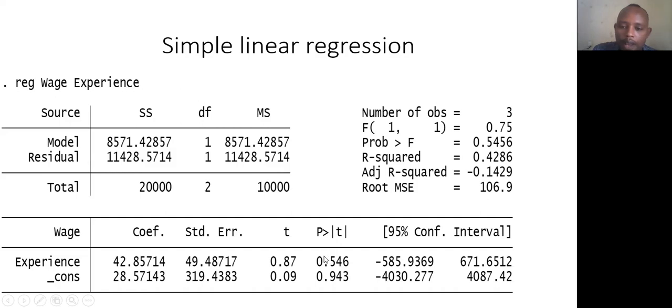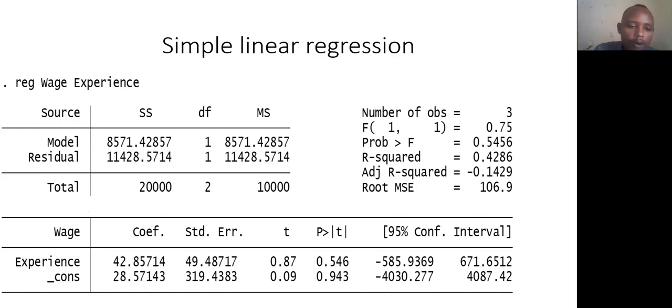Then when the p-value is greater than the level of significance, at that time we accept our null hypothesis. What is our null hypothesis? The null hypothesis is that each independent variable has no effect or influence on the dependent variable.